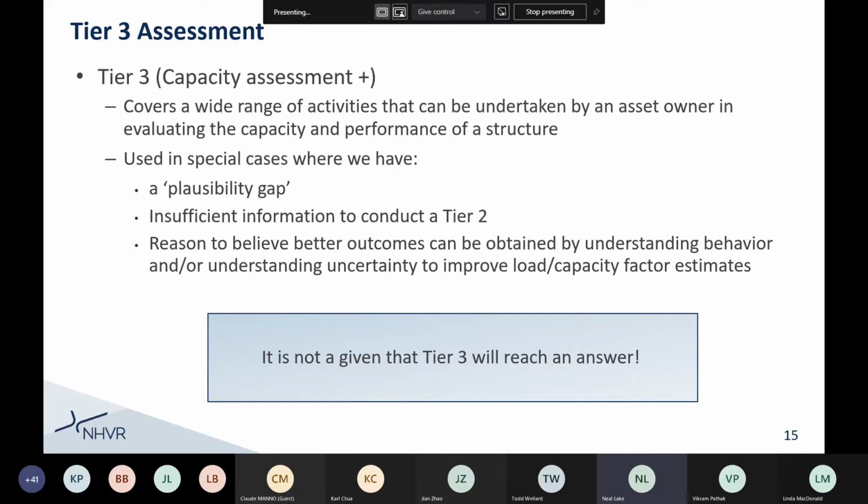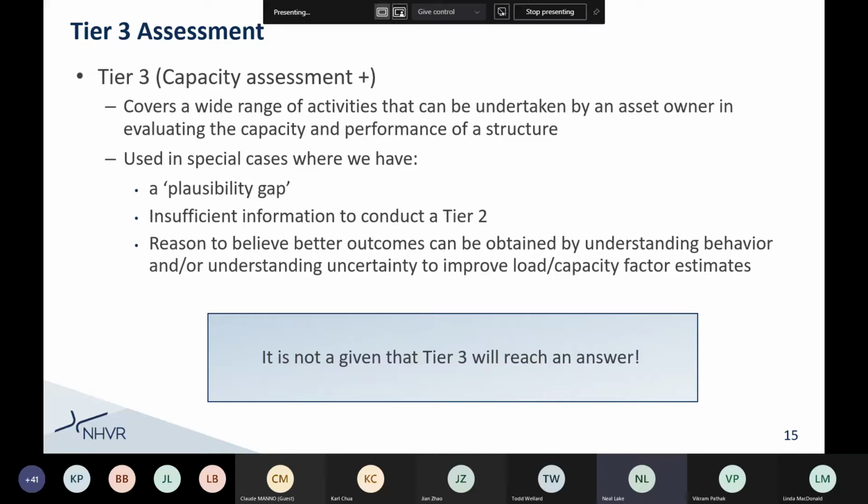Sometimes we do a tier 3 assessment when we believe that we could get a better outcome by understanding the behavior of a structure better, and it could allow us to change some of those factors that we'd use in tier 2 assessment. So essentially, tier 3 assessment is about making our assessment processes much more site specific, really understanding the context of a particular structure.